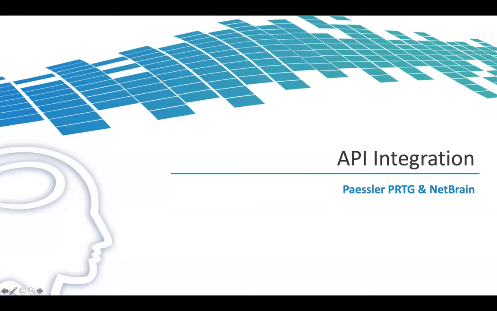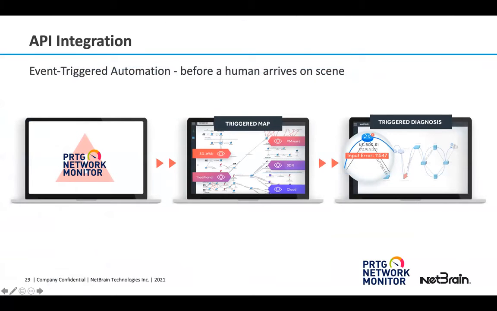So let's have a look now at the integration with PRTG. The key here is this. I suppose there's three ways of looking at our integration with, not just PRTG actually, but lots of other systems. But let's focus very much on PRTG for now. We can integrate with third-party systems in a number of different ways.